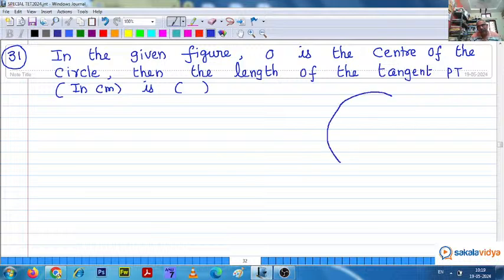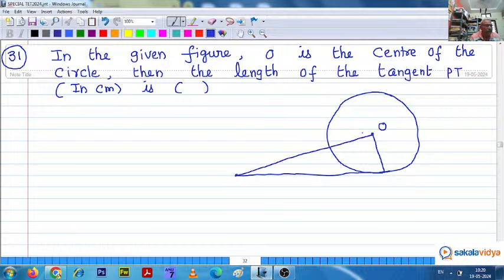This is the circle. So the tangent is given. This is the tangent. This is the center of the circle, right? Join the center to this point.